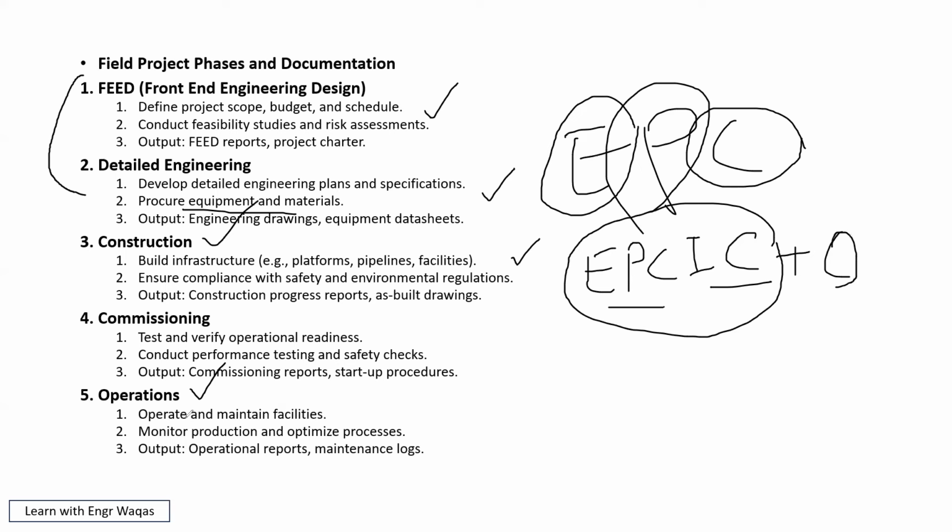So once your refinery is constructed under EPC or EPCIC and handed over to the client, operation is taken forward for a lifelong time. That phase is called the operation phase or maintenance phase. Maintenance will be required to enhance operation or lifetime cycle.